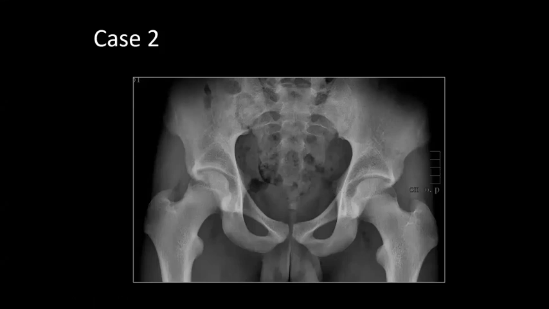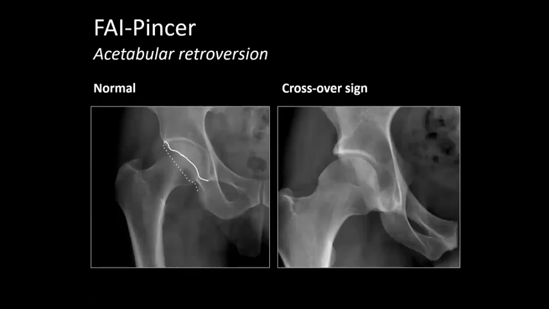But when there is acetabular retroversion, the ischial spine becomes directed medially in this direction, and because it is directed medially, you start to see it on the radiograph. Normally, you don't see it. But if you see the ischial spine sign pointing medially like this, always look for the crossover sign or the figure of 8, because that means there is crossover here, as the acetabulum is now retroverted rather than antiverted.